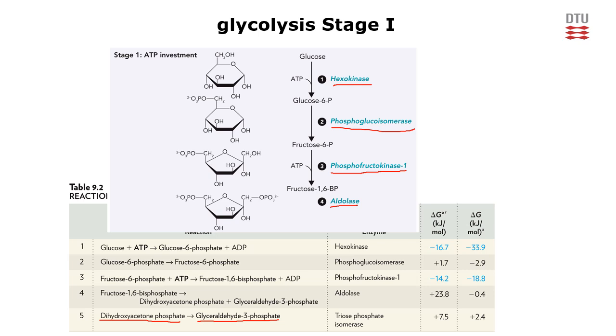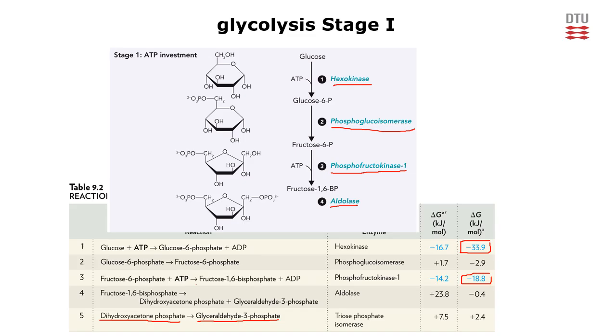Overall, you can see here there are 2 important observations on your right hand side in this table. That is that the first step has a very negative delta G value, and so does the second step. What does that mean? That means that these 2 steps are virtually irreversible. So you need a lot of energy to drive those in the opposite direction.